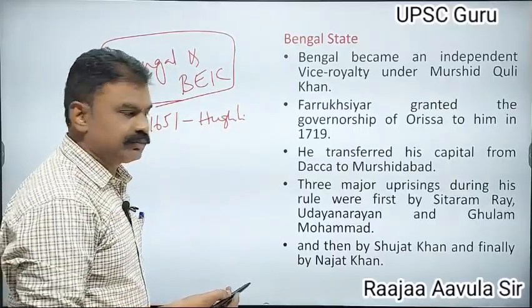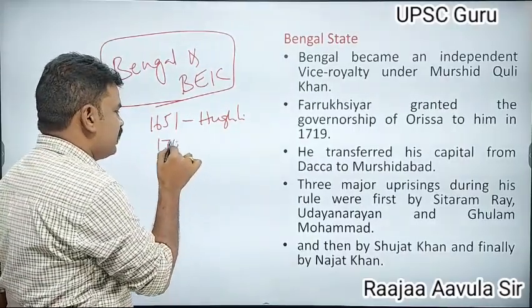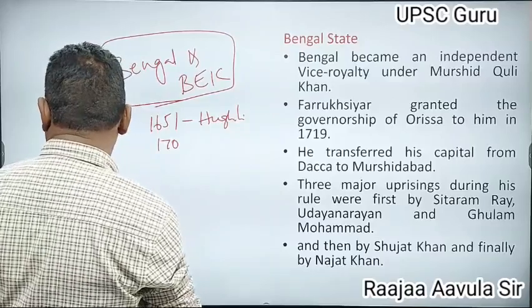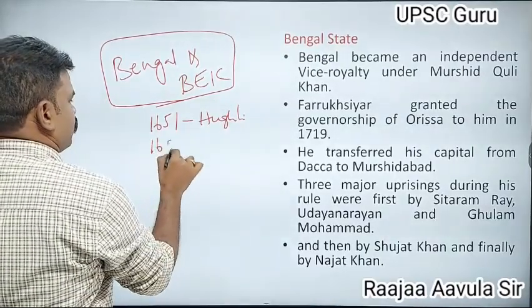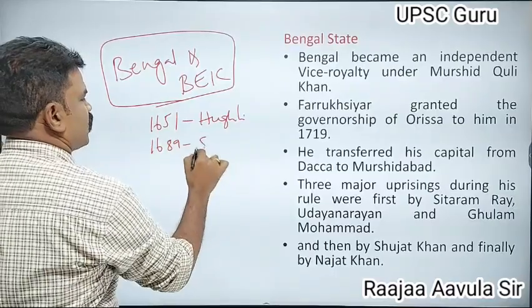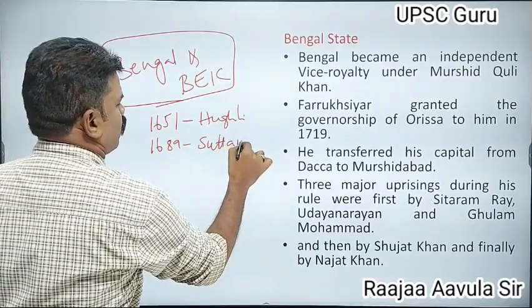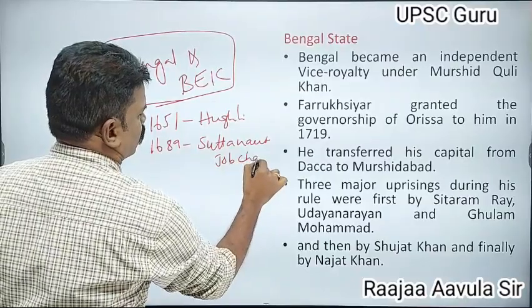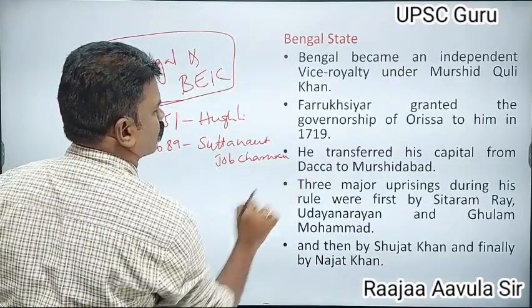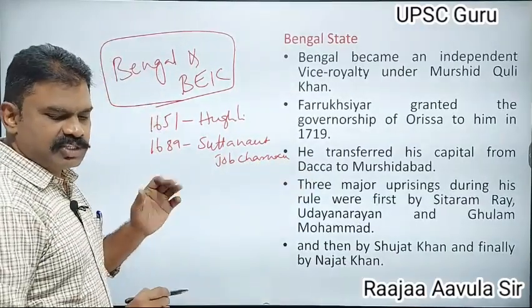Later, in 1689, a factory was founded at Suttanati by Job Charnock.